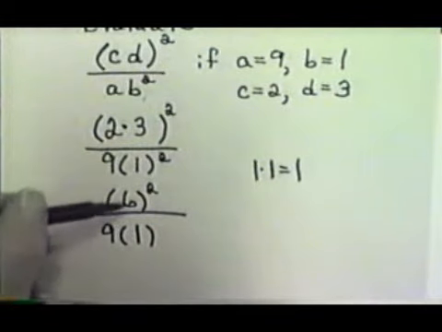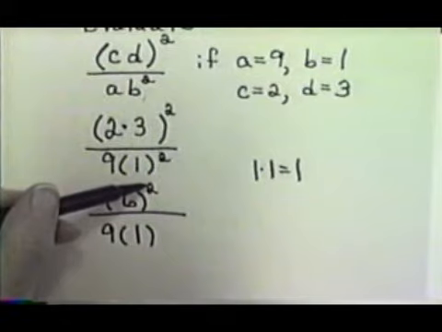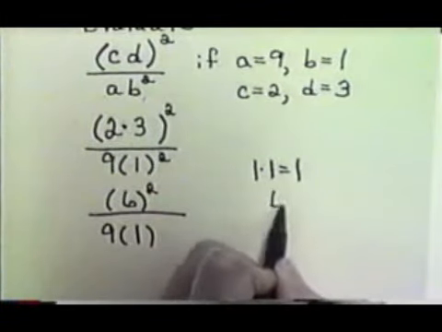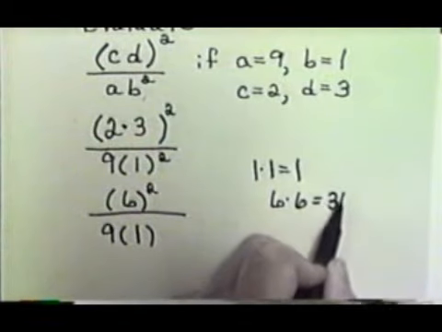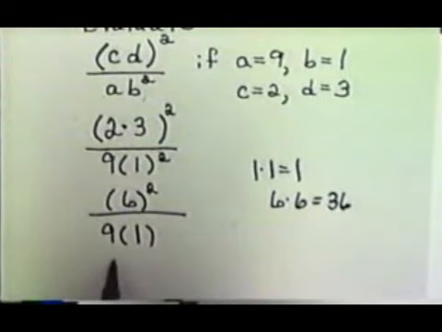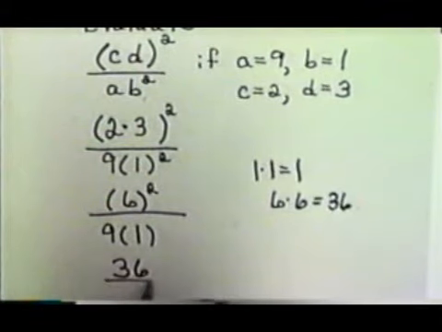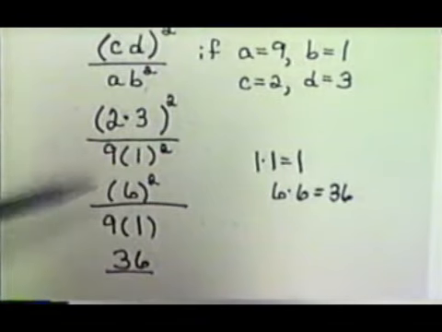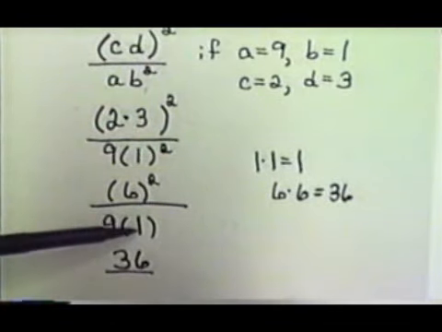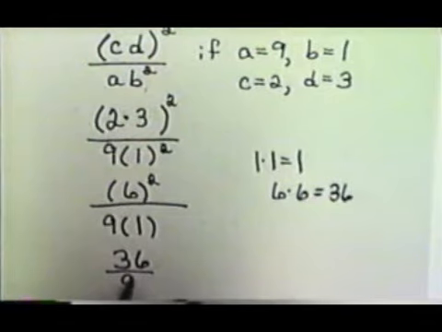We now need to do the exponent on the top. That means 6 is a factor twice, or it means 6 times 6. So we're going to get 36. That's what I want to put down for my top answer. 36 over, and then on the bottom we have 9 times 1. So we do 9 times 1 and we get 9.